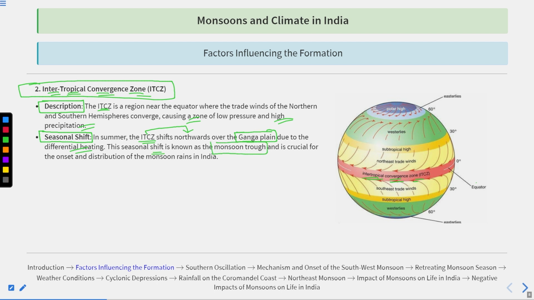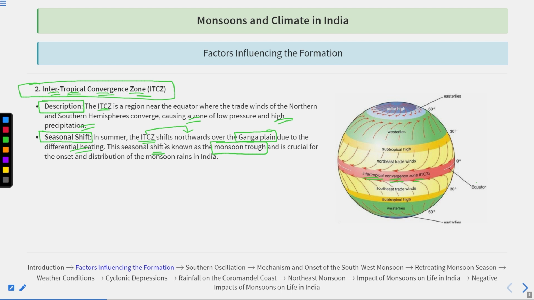Why? Because the shifting of the ITCZ over the Ganga plains basically creates an immense low pressure. And that's why the winds that were flowing over the south or over the oceans automatically get attracted towards the northern plains. Why? Because of the shifting of the ITCZ. And this attraction converges the winds here.